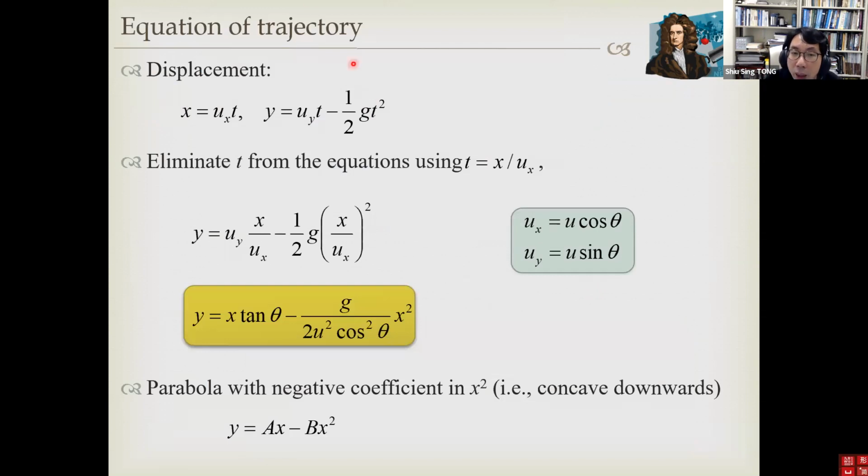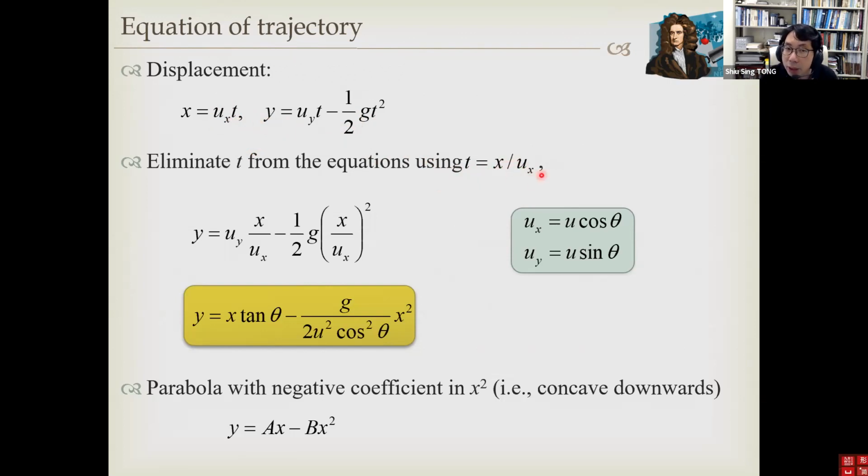Now, we can also derive the equation for the trajectory of the projectile motion. We say that the horizontal motion and the vertical motion are connected by the parameter time. But we can actually eliminate that. The easiest way to eliminate that is to look at the x equation. We can express the time t as the subject of the formula: t is equal to x over ux.